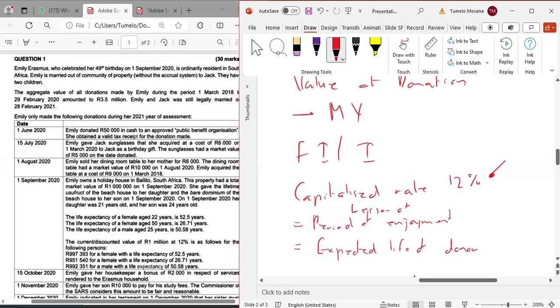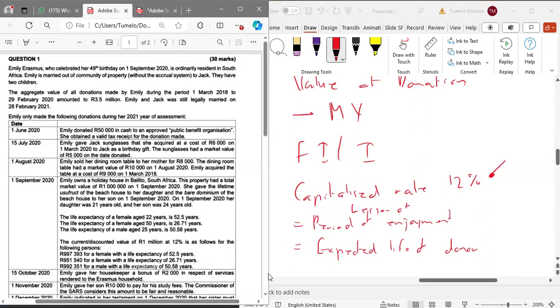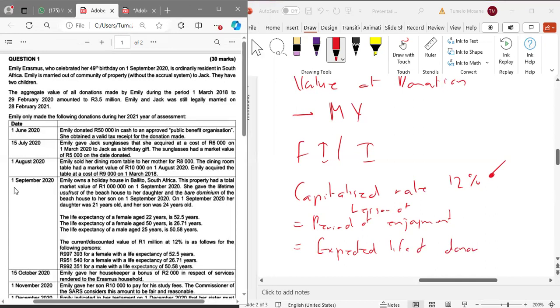Sorry, James, I got lost a bit. What are we calculating here? Is this still the value of the donation? Yes, but now it is with specific relation to an interest. For example, on the 1st of September, they are telling us that she gave the lifetime usufruct, so it is an interest.